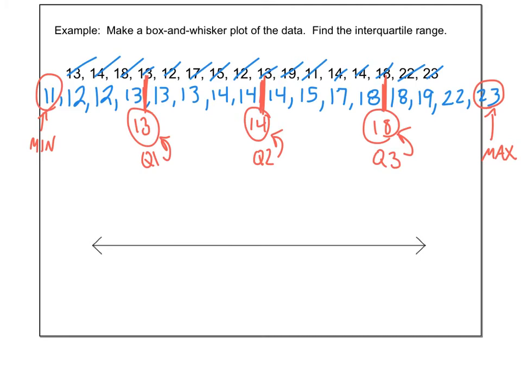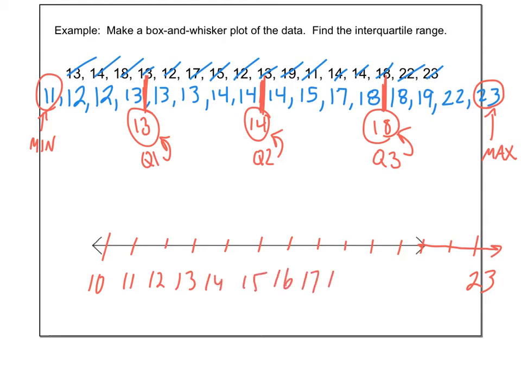It's not always going to be perfect the first time around. So if I start at 10, I can go 11, 12, 13, 14, 15, 16, 17, 18, 19, 20, 21, 22, 23. Alright, we'll extend that out. 23 is here.